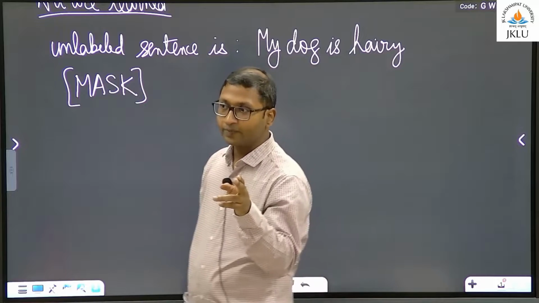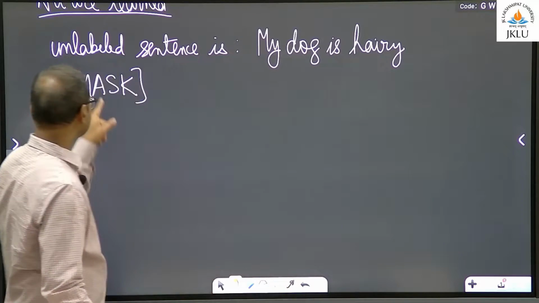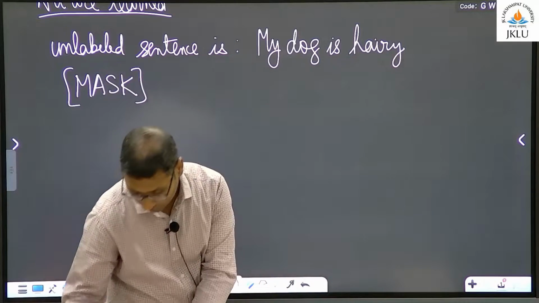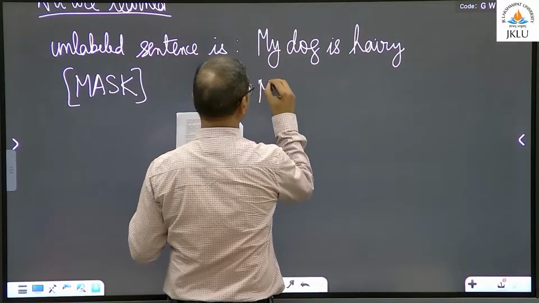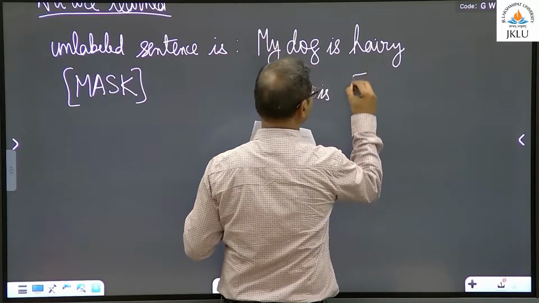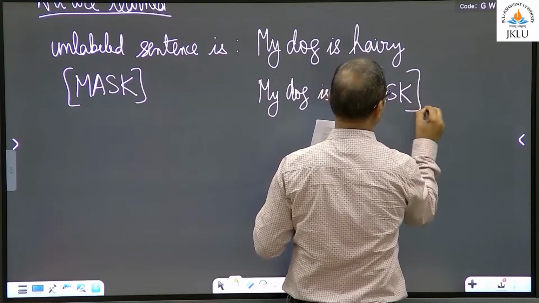Of those 15%, what do you do? 80% you use mask. So for example, if randomly chosen place is 4th, then basically how will you mask it? My dog is mask, okay.